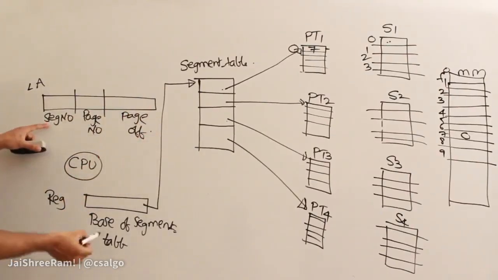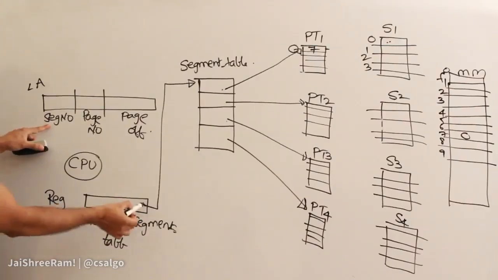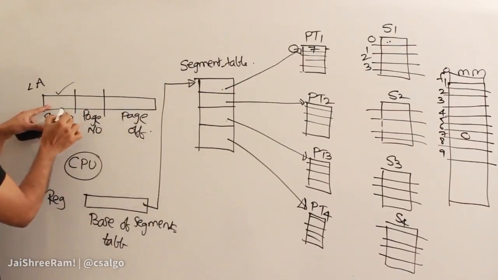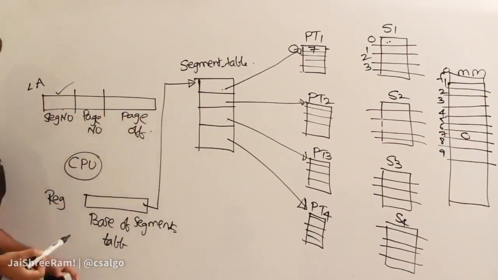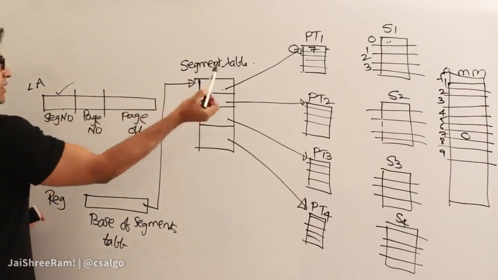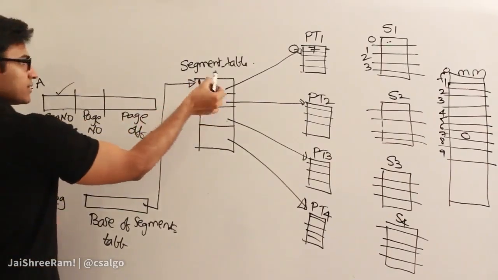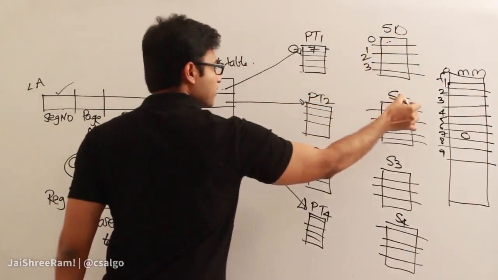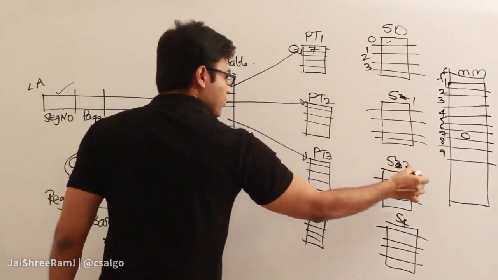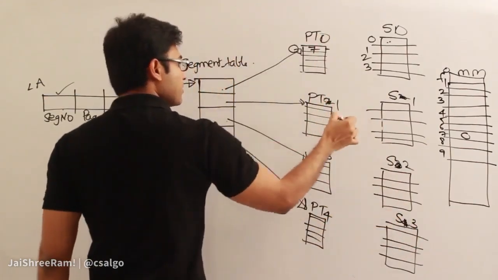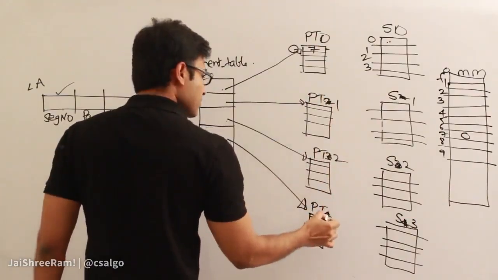Now using the segment table base, we can get into the segment table. Using the segment number that we want to access, we get into the corresponding segment. Let us say I want to access segment number 1. Then to the base I add that, and I get into segment number 1. Let us say this is segment 0. We shall always start with zeros only, it will be better. Segment 1, segment 2, segment 3, and page table 0, page table 1, page table 2, page table 3.